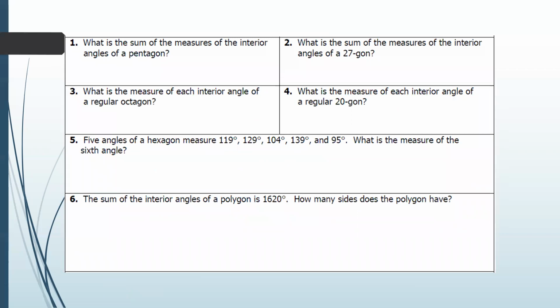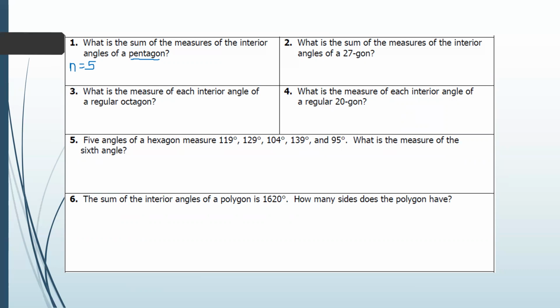So the next examples have just a mix of everything that we've just done. Okay, so example 1 says, what is the sum of the measures of the interior angles of a pentagon? I personally like to write down what n equals if I know it. It's a pentagon, so I know that n equals 5. Then I ask myself, well, what are they asking me?